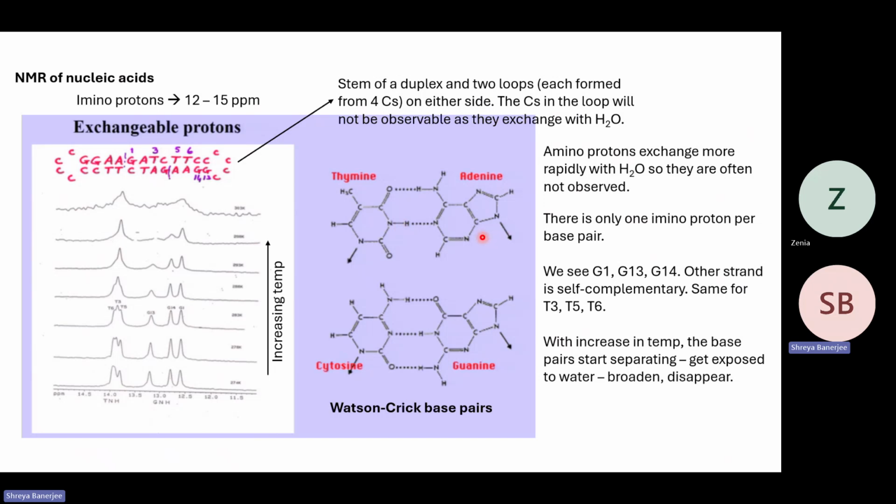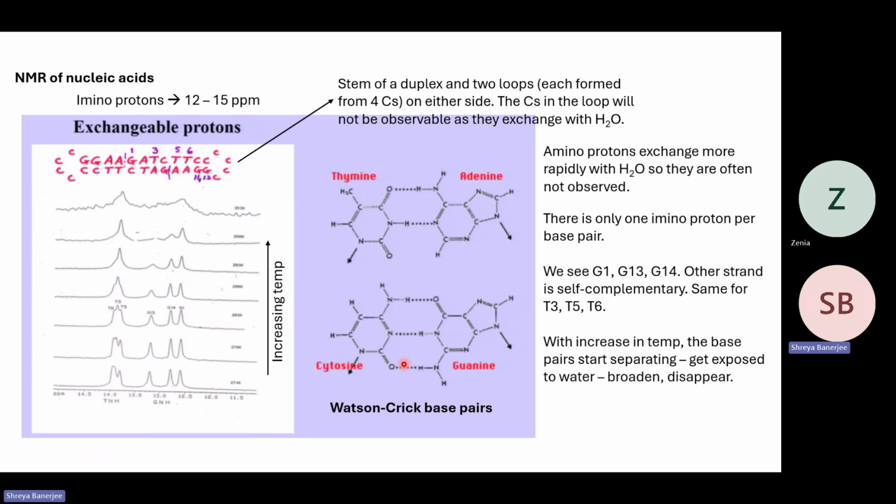Each base pair has a single imino proton. If you look at this base pair, there is a single NH. Imino is the NH. You can see there are no other NHs. And if you look at the GC base pair, again there is a single NH, because this middle NH is what will be observed.